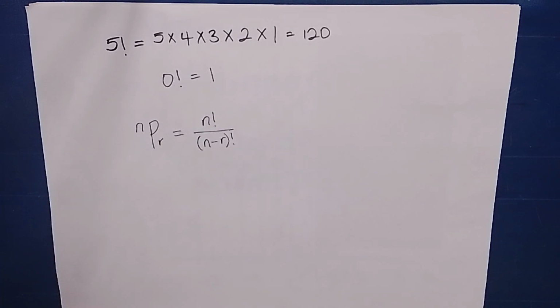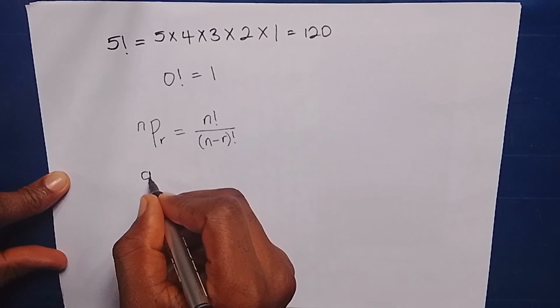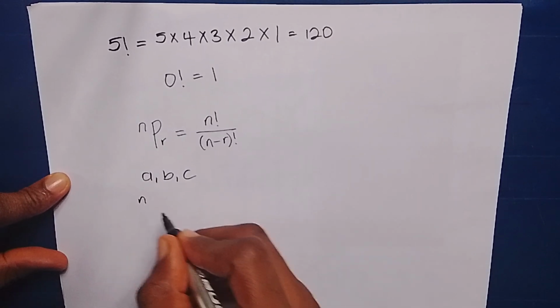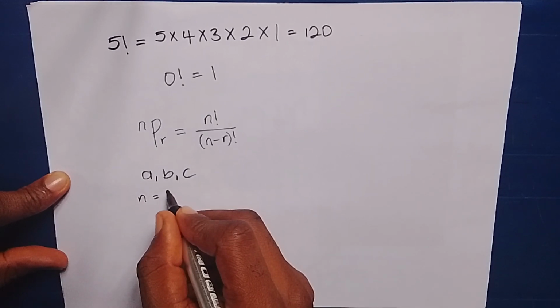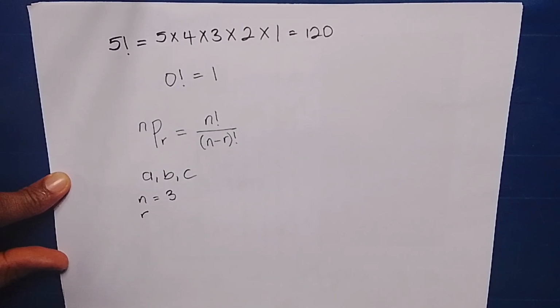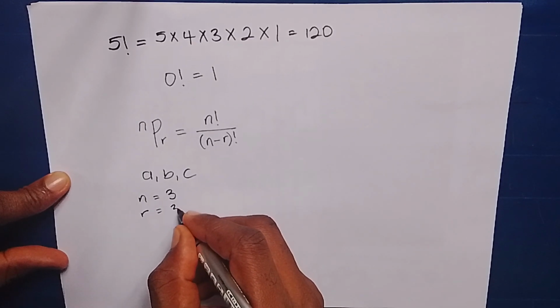Now, applying this to the example of the first 3 letters of the alphabet we discussed, that's ABC, our n, the total number of objects, is equal to 3. And then our r, the number of objects we are considering for arrangement at this particular time, is still equal to 3.